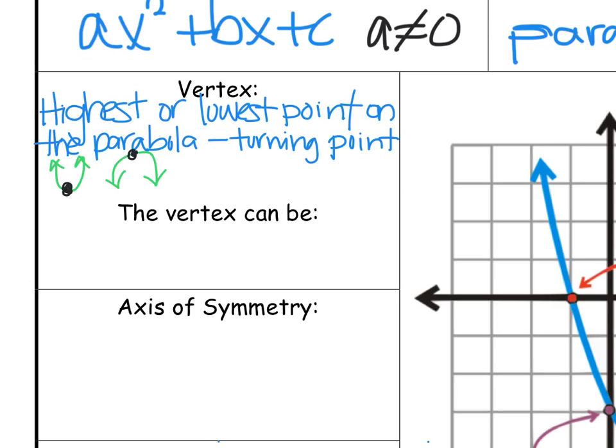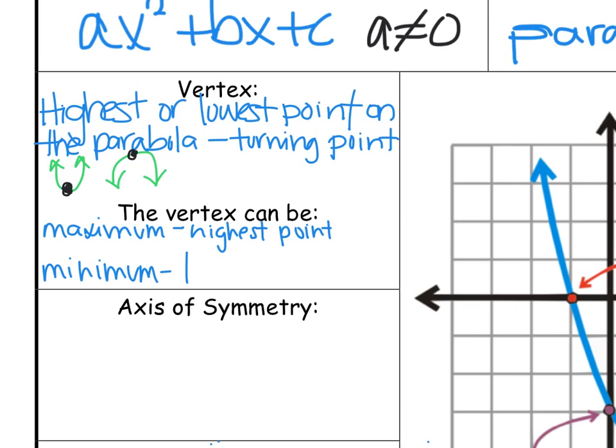And that being said, a parabola has a vertex that is a maximum, which is the highest point. It also has a minimum, which is the lowest point.